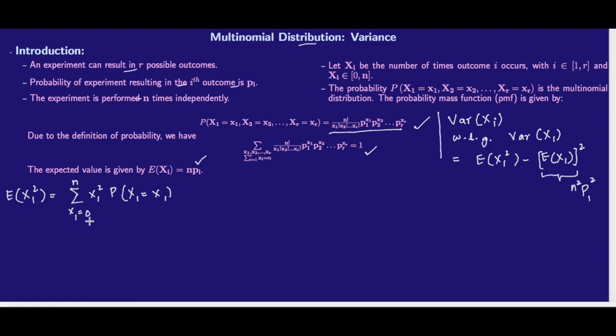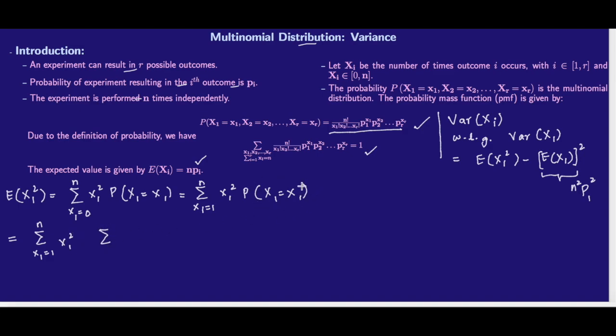If I put x1 equal to 0, I get a 0 here, so I can immediately change the sum to x1 equal to 1 to n of x1 squared times P(X1 = x1).